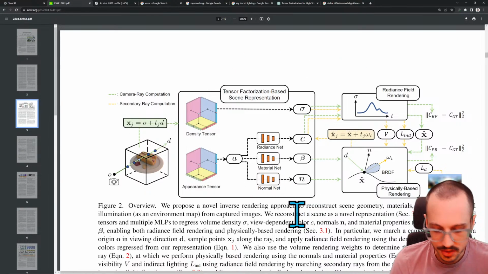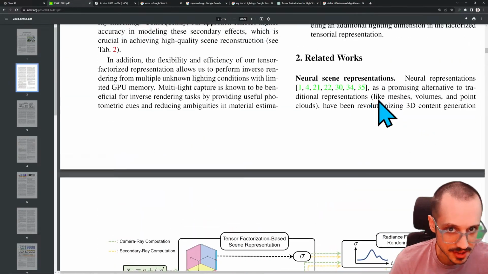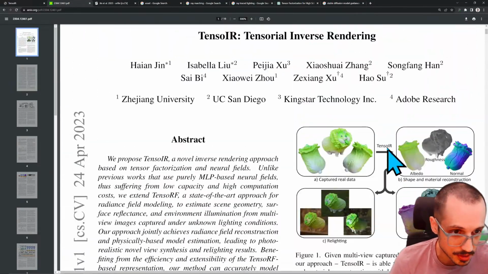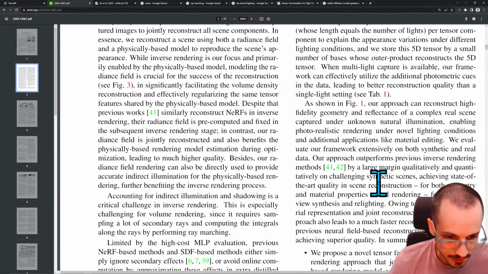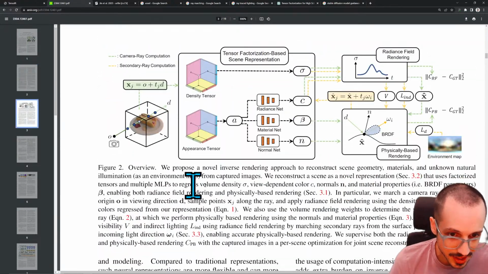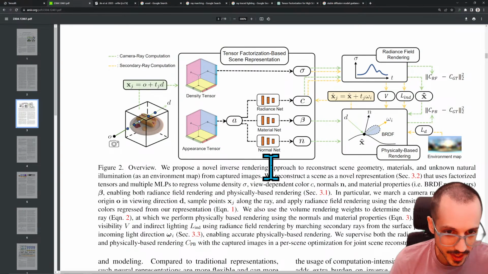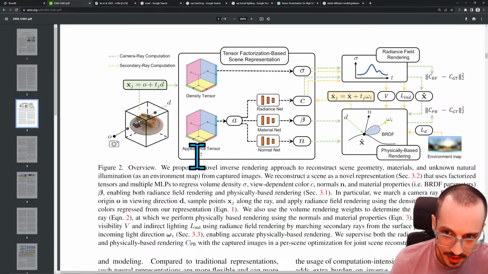Another step they could take, especially since this is coming from Adobe and Adobe has a bunch of money, is to train a bigger version of this. The multi-layer perceptrons that you're using are very small. Train a much bigger multi-layer perceptron on lots of different scenes and objects, and see if you can get some kind of foundational NeRF model.